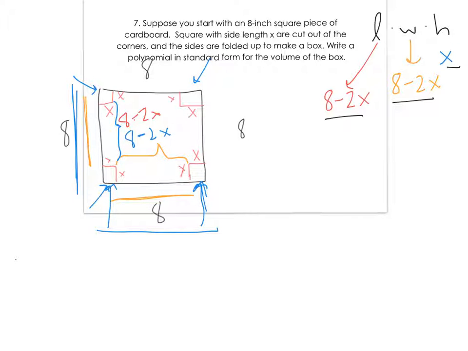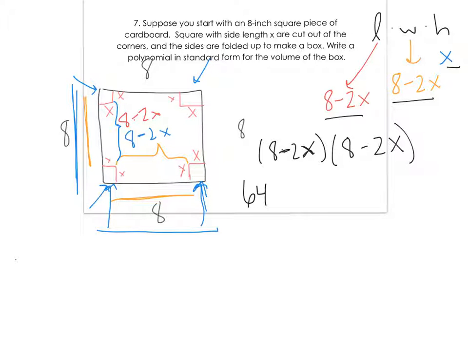So let's go ahead and multiply 8 minus 2x by 8 minus 2x. This is a special product rule. I am going to first square my first term and get 64, because 8 squared is 64.